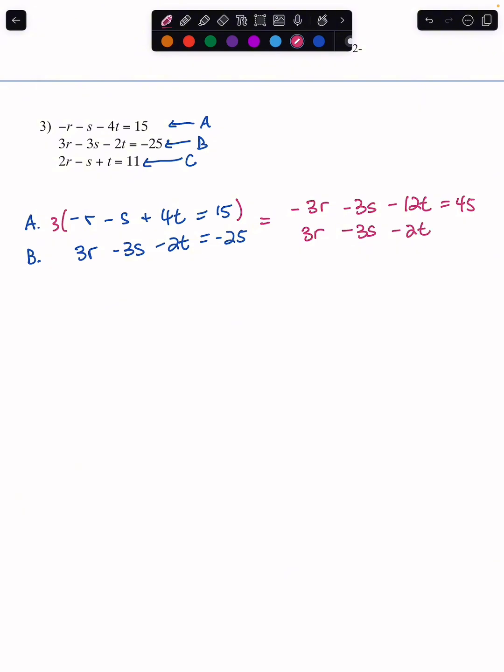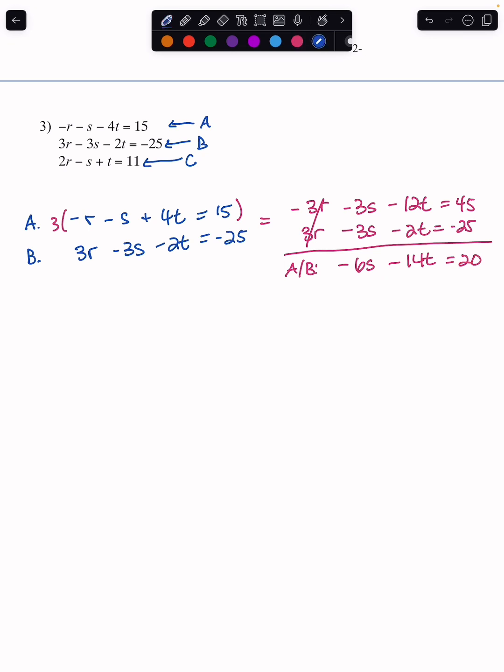Okay, this is a result of A and B. And negative 3s minus 3s is negative 6s. Negative 12t minus 2t is minus 14t. And then 45 minus 25 is 20. Okay? All right. So now I'm going to use lines A and C.